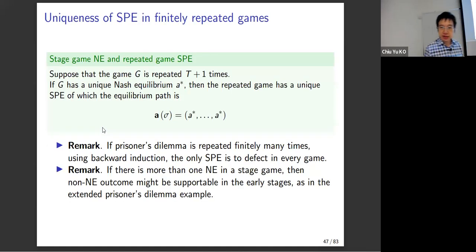And the first result, which we actually expect, is that if every stage game has only one equilibrium, even if you repeat a finite number of times, you can't get anything out. Like the prisoner's dilemma, no matter how many finite times you repeat, only defect, nothing can be done. Okay, finite is very different.